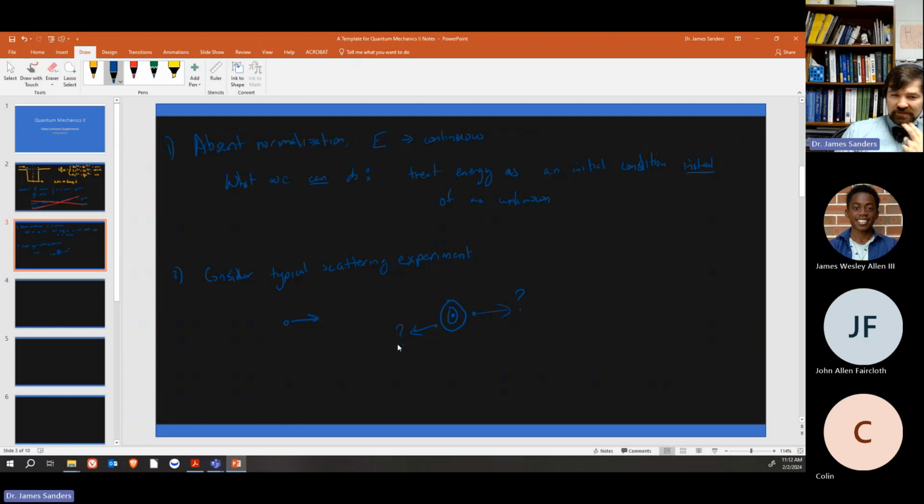So usually for this typical scattering experiment, there is one projectile particle. It's usually moving. And one fixed target.